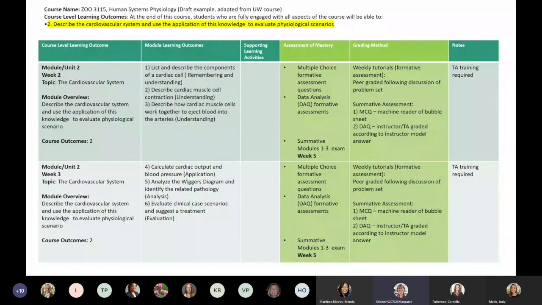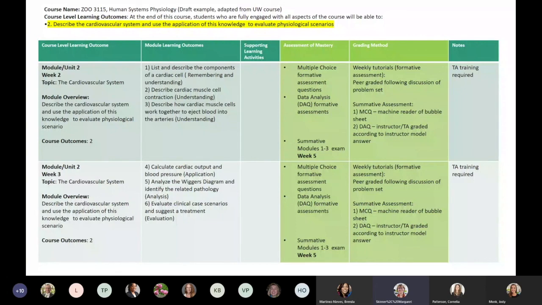So how am I going to know that the students have achieved mastery at this level? I'm going to be doing multiple choice, which is very typical for our field, where there's large content and large classes, and exams they have to take for graduate school or medical school or whatever type of school, where they do need to take timed multiple choice tests.